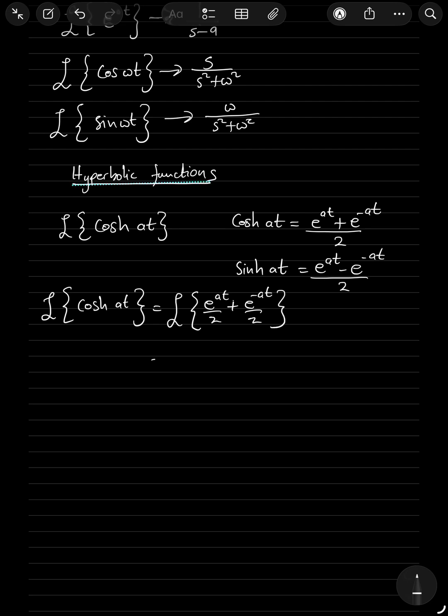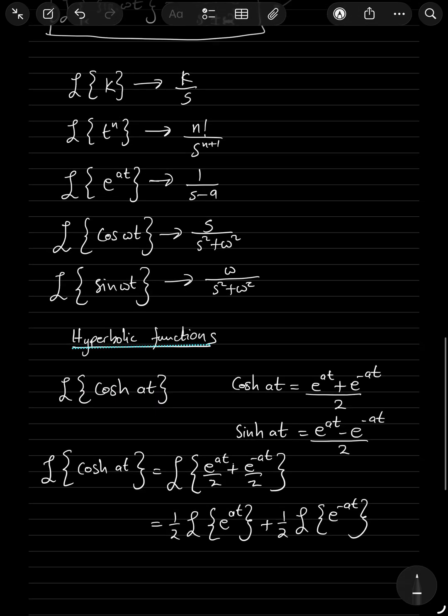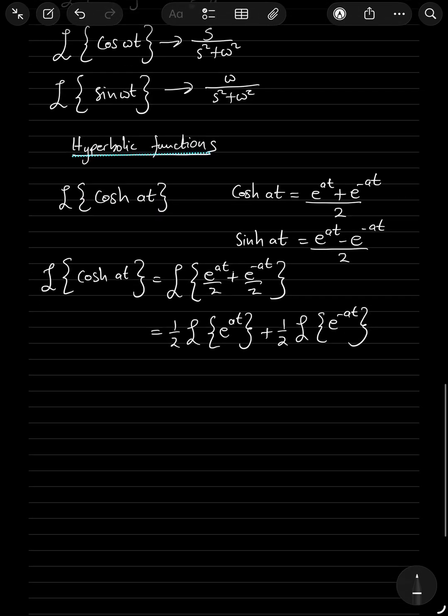So now, using the linearity property, we are going to get half the Laplace of e to the at plus half the Laplace of what? Of e to the minus at.